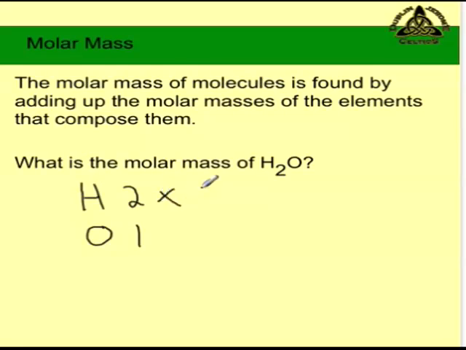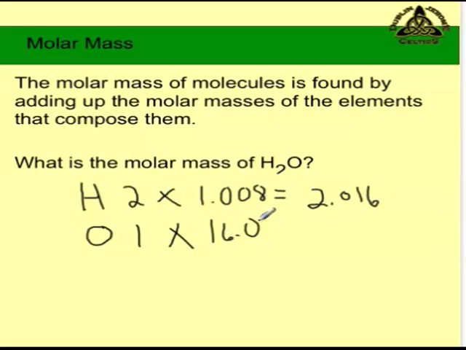Hydrogen is 1.008. So when we multiply that by 2, we'll get 2.016. Oxygen is 16.00.